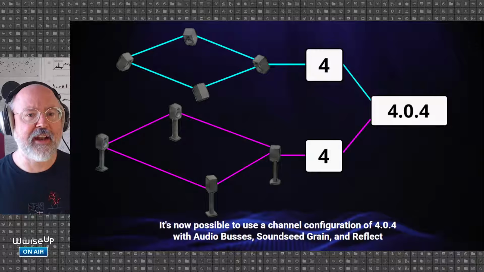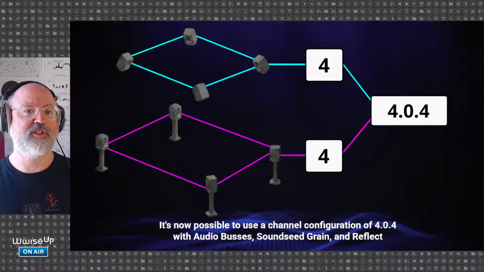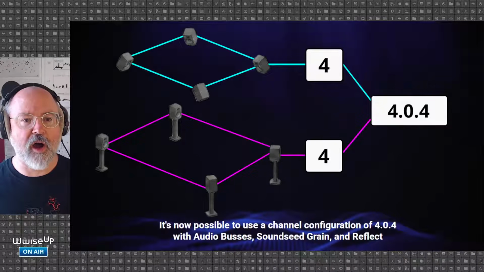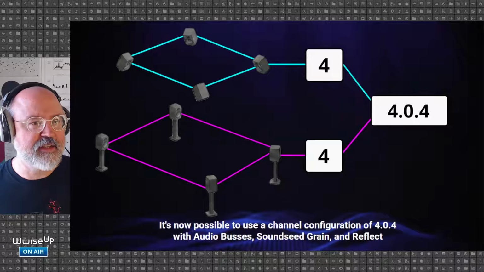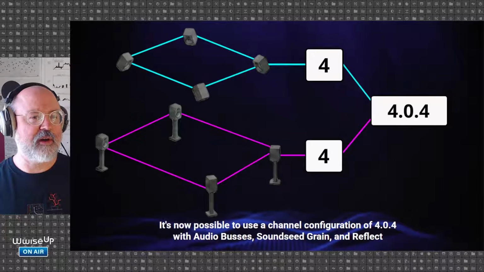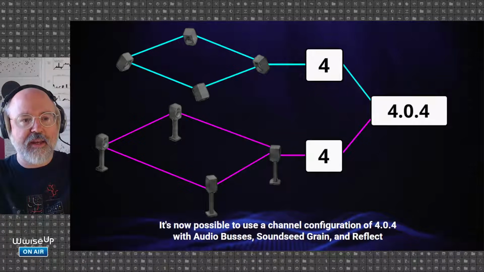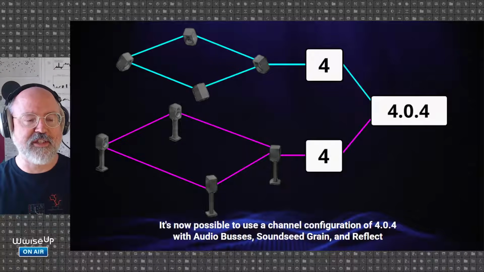Another thing we added is support for the 4.0.4 channel configuration for audio buses, SoundSeed Grain, and Reflect. This gives you 4 height and 4 horizontal speakers as a configuration.